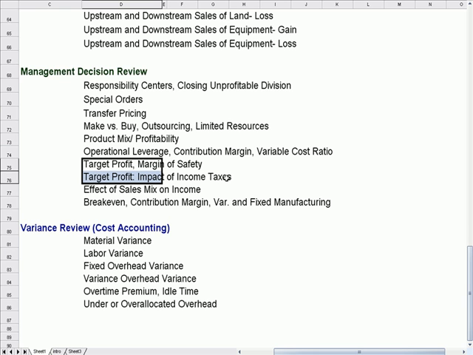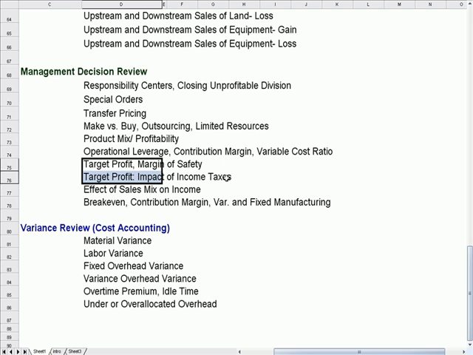We're going to cover target profit, which has to do with if I want to make $2,000 this month, how does my cost, revenue, sale prices, variable and fixed costs, how do I manipulate them to fit into a model that says I can make $2,000 this year?